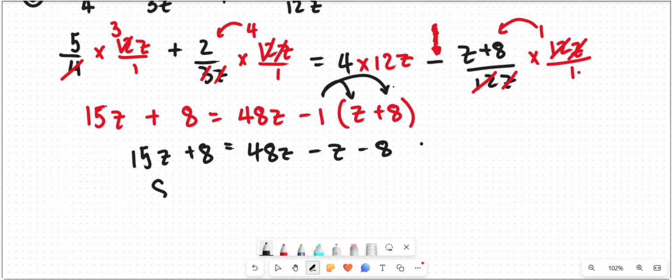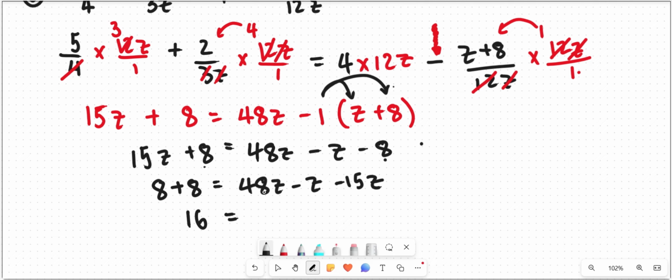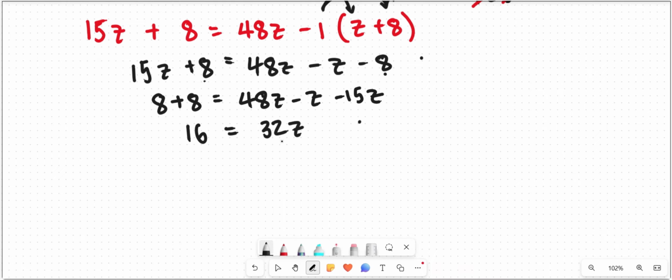I'm going to collect all the constants onto the left hand side, so 8 plus the 8, and I'm going to collect all my variables onto the right hand side. So we have something that looks like that. This gives me 16. This gives me 32z. And in your final step, you just divide both sides by 32.